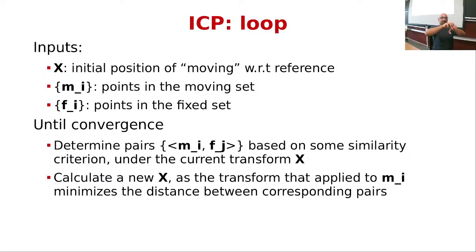You have an initial guess of how the two point sets are aligned, right? And then you run through iterations, interleaving two phases. In phase one, given the current transformation, you try to figure out which point in the one set belongs to which point in the other set. Okay? Given the current configuration, given the current transform.